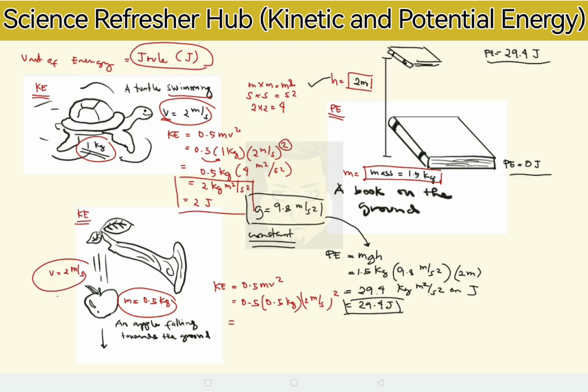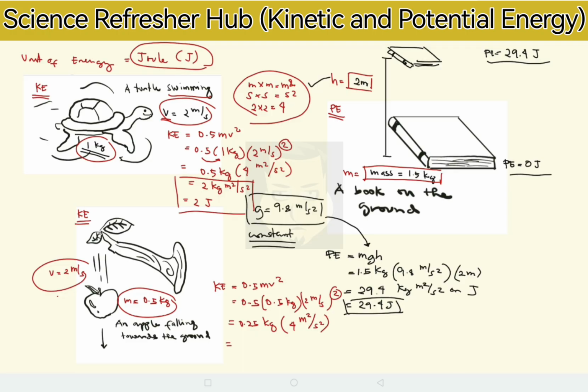Okay, 0.5 times 0.5, that's going to be 0.25 kilogram multiplied by the square of our velocity. So in getting the square, like what we did here, 2 times 2 is 4, meters times meters is meter squared, second times second is second squared.